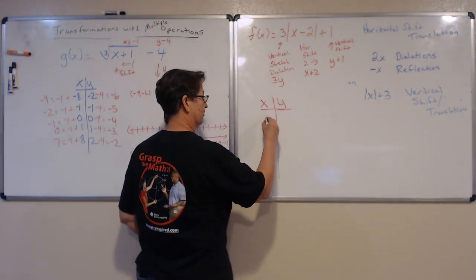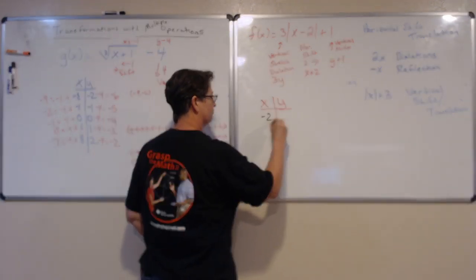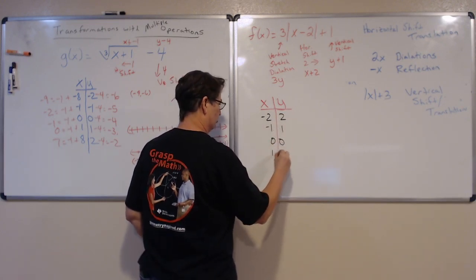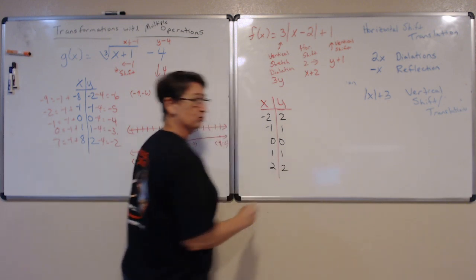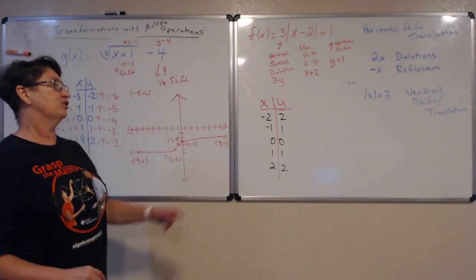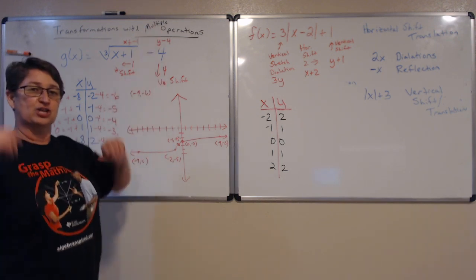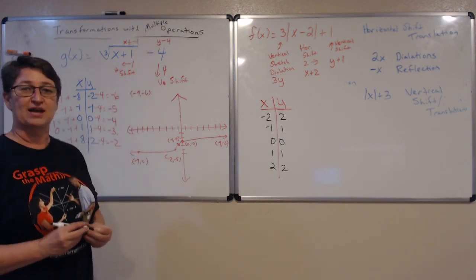So the points on the parent are -2, 2, -1, 1, 0, 0, 1, 1, and 2, 2. Hopefully you had that written down. You'd already done that back when we talked about the shape, being a V shape. You had all those points down.